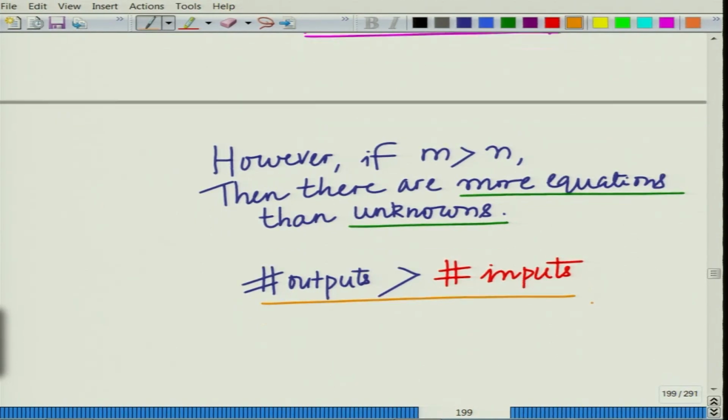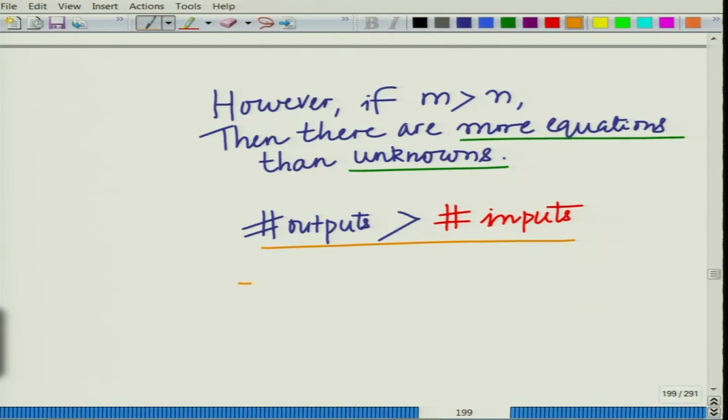In such a situation, this is termed an overdetermined system.